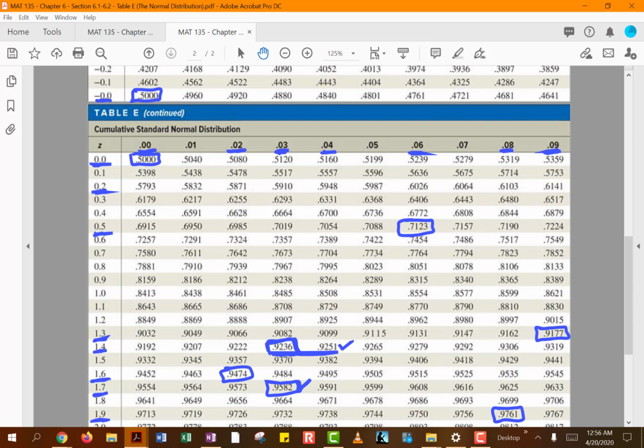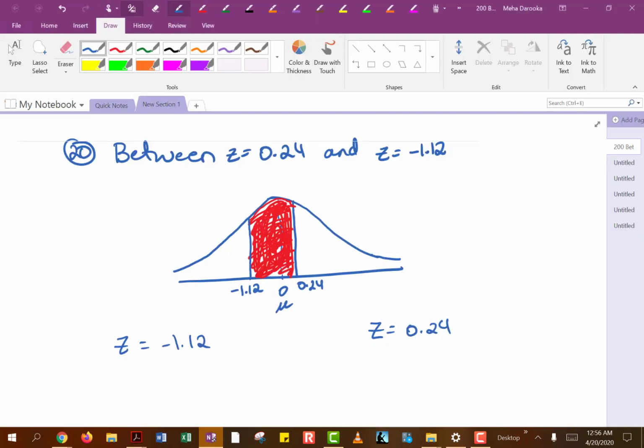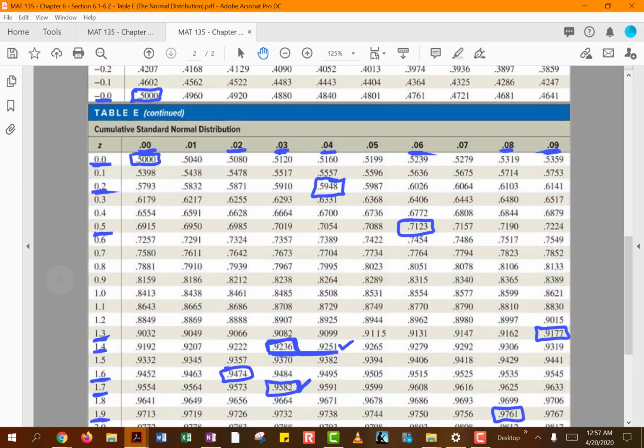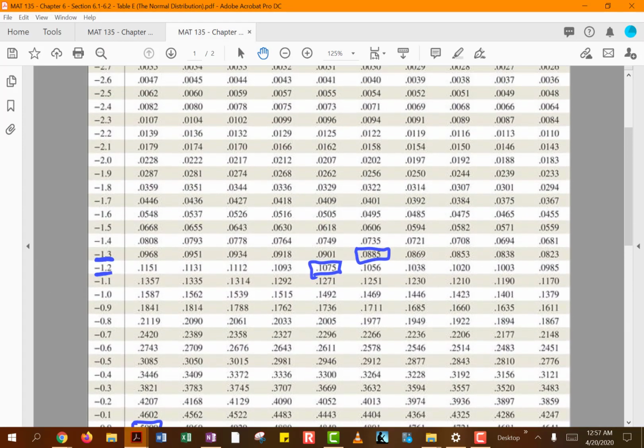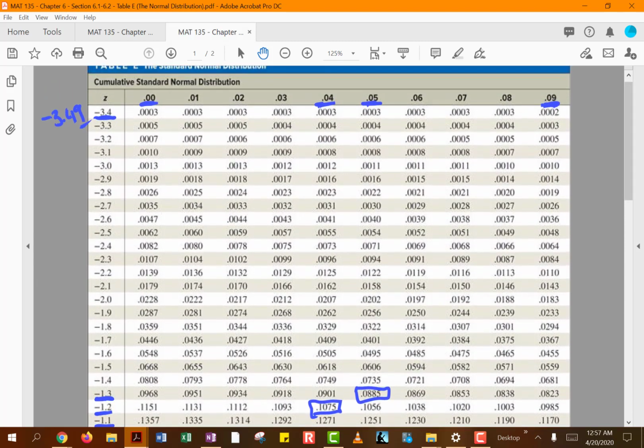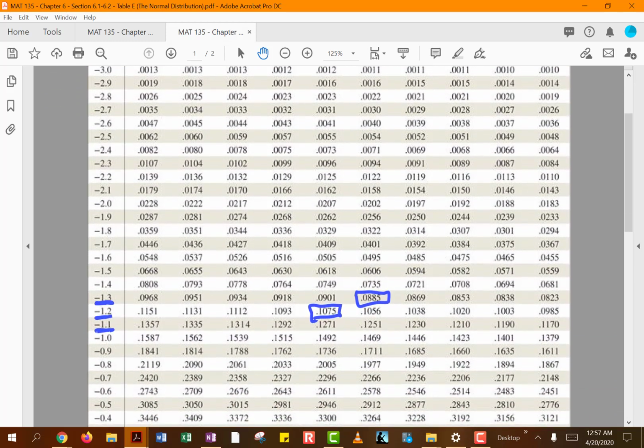So it looks like this will be meeting at 0.5948 from our table. Okay, and then now let's do negative 1.12. So negative 1.1 is here, 0.2 is here, so negative 1.12 is going to be at 0.1314.